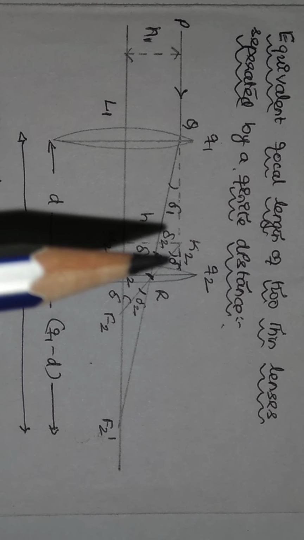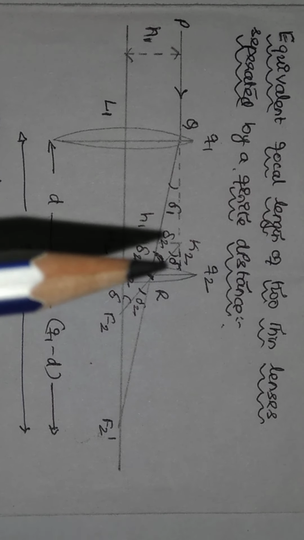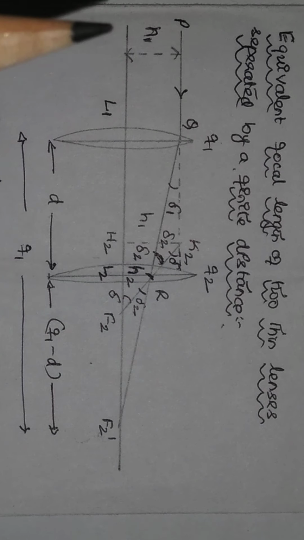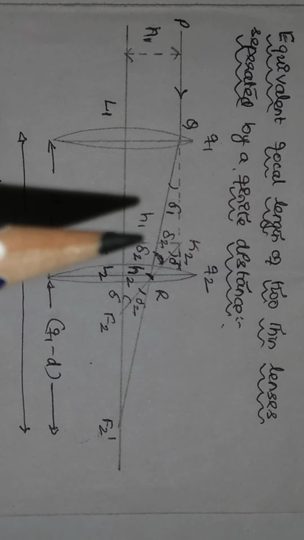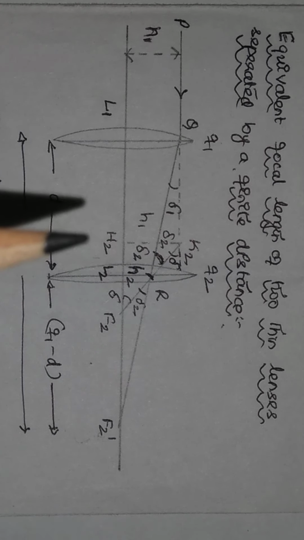That means if delta is the deviation produced by the lens at this point, this deviation delta is given by h1 by F, h1 divided by capital F, where capital F is the focal length of the lens placed at this point.